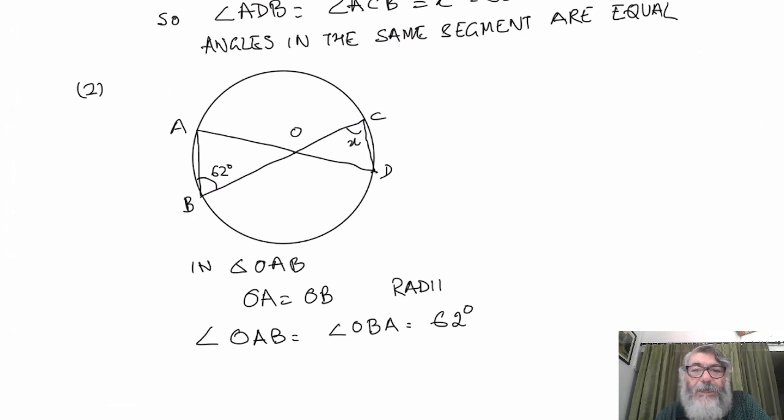In this triangle OAB, similarly in triangle OCD also, OC is equal to OD.